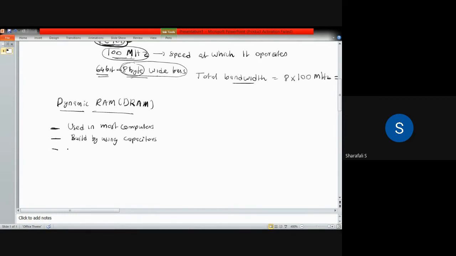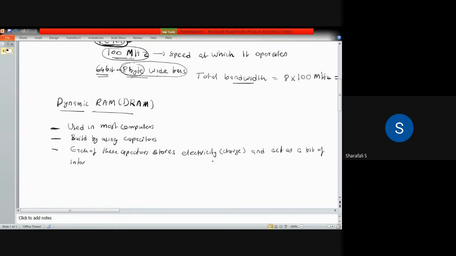and each of these capacitors stores electricity and acts as a bit of information. Each of these capacitors stores electricity, or you can say stores charge, and acts as a bit of information.